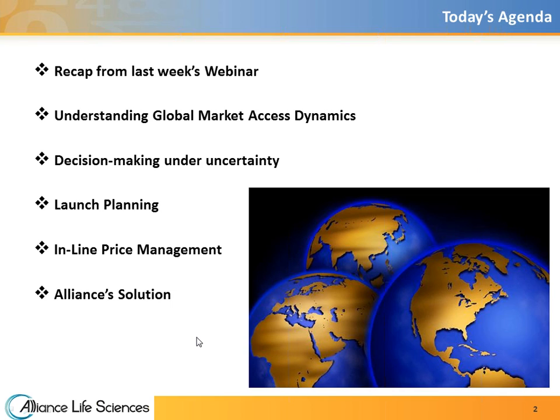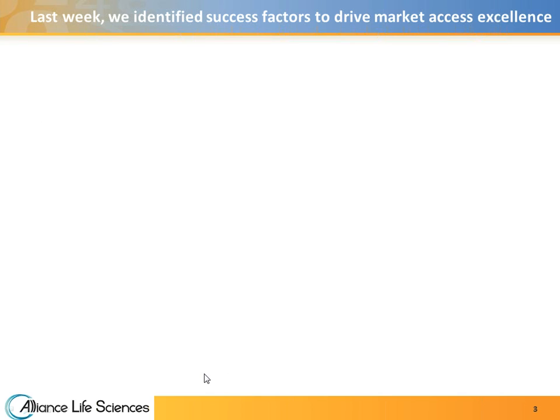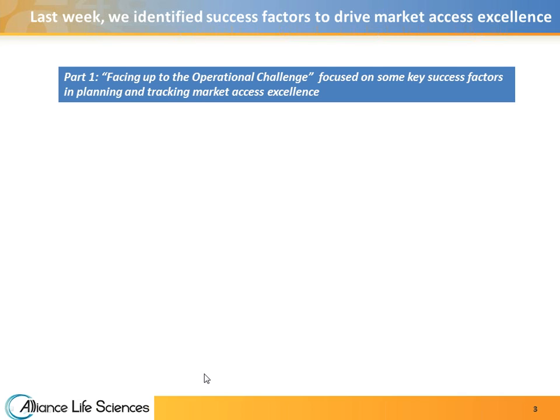And very briefly at the end, we will talk a little bit about our solution, an integrated, comprehensive approach to lifecycle global price management. So we can go to the next slide.